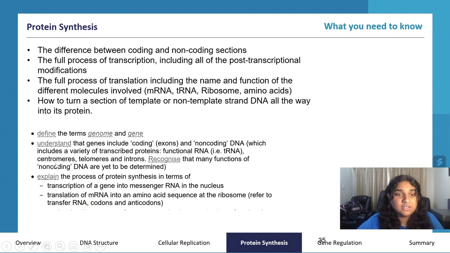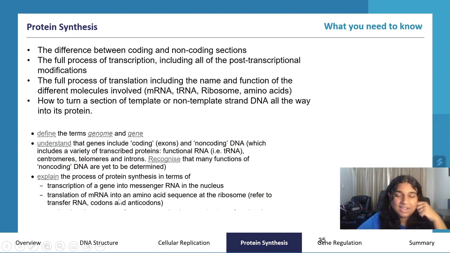Recognize that many functions of non-coding DNA are actually yet to be determined. You will also need to know the process of protein synthesis in terms of transcription of a gene into messenger RNA in the nucleus, and then translation of mRNA into an amino acid sequence at the ribosome, and refer to transfer RNA codons and anticodons.